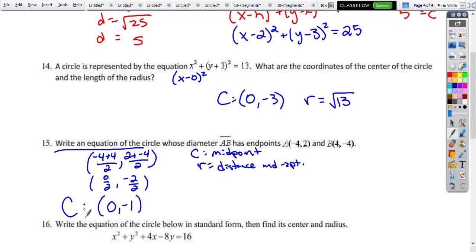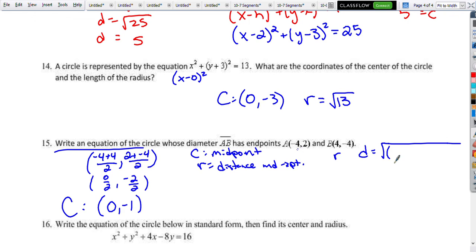There's my center. Radius. I'm going to go from (0, negative 1) to, let's say, (negative 4, 2). So I'm doing distance. x2, so we'll grab negative 4 minus, remember, we're going back to the center, 0 squared, plus 2, make sure it's from the same point, minus negative 1 squared.